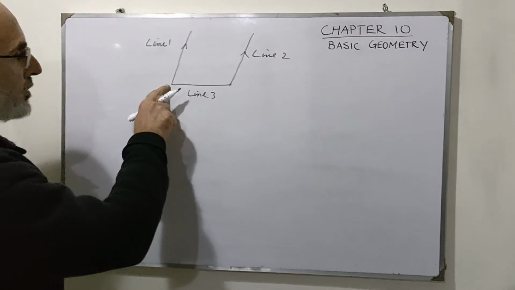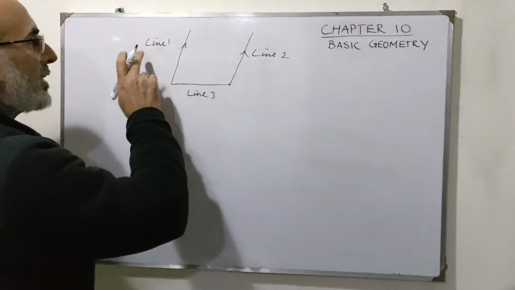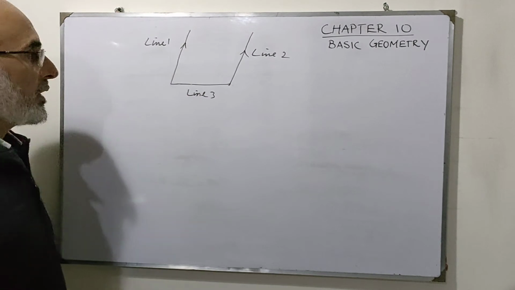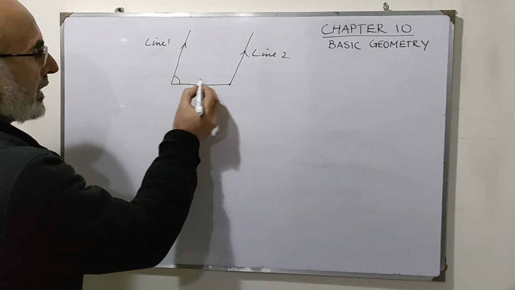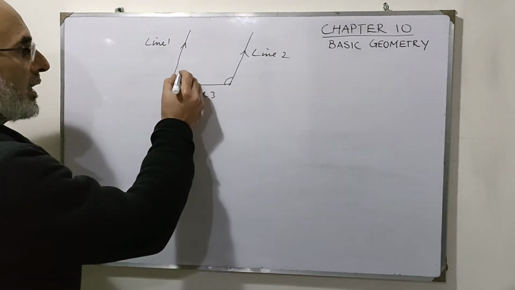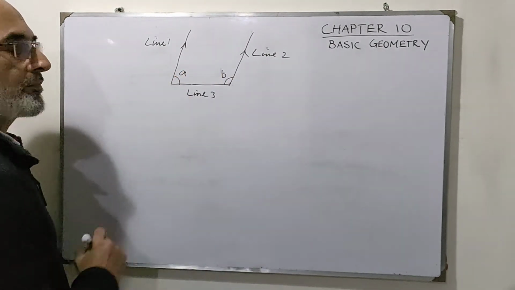They are meeting at this point. So line 1 is parallel to line 2, and we have angle here and here, A and B.